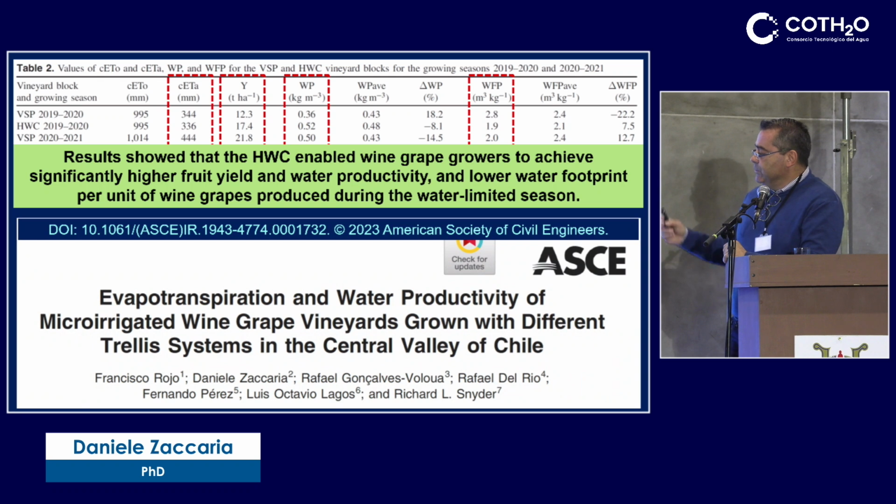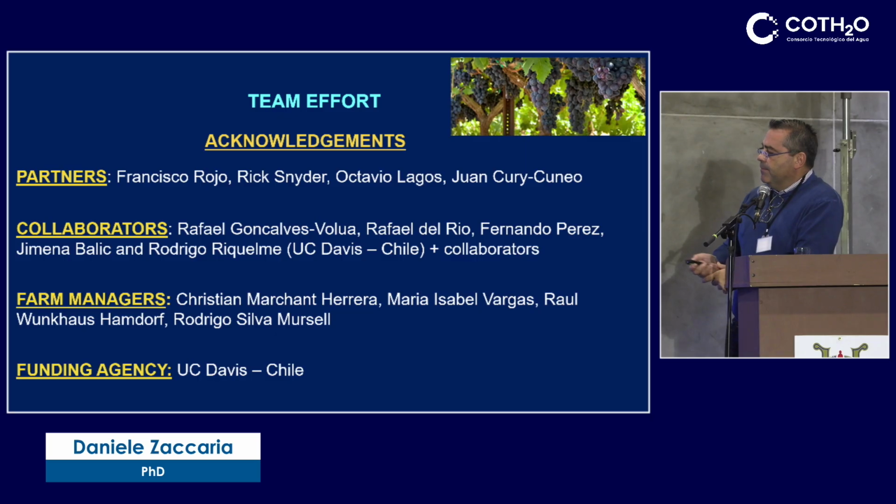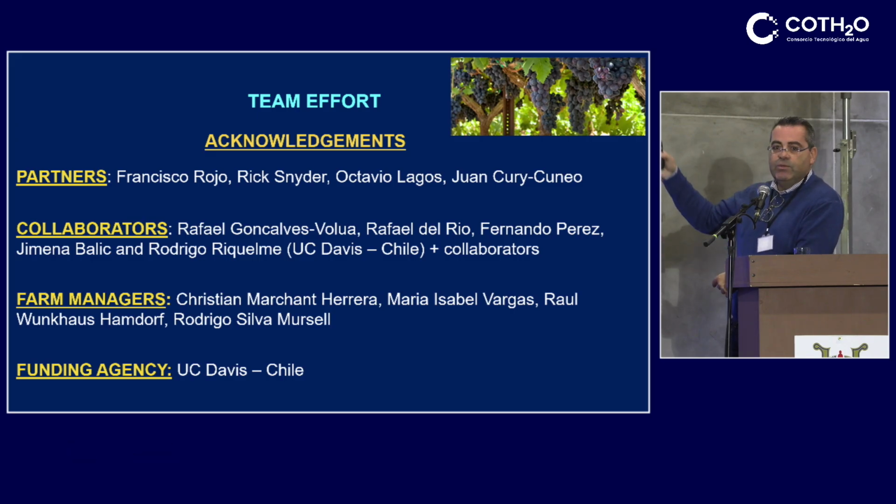I wanted to also point out that this study was published recently in the Journal of Irrigation and Drainage Engineering of the American Society of Civil Engineers. And there are a bunch of people that I have to thank for the study. Francisco Rojo, a guy from Chile, is now faculty in New Zealand.